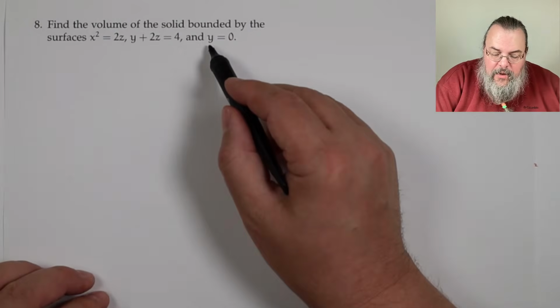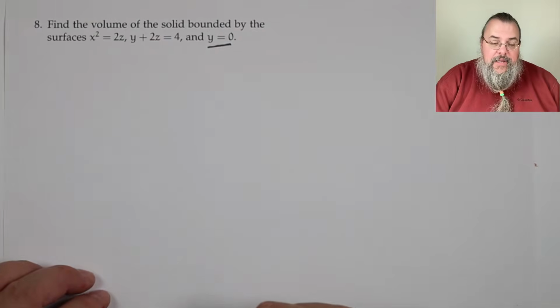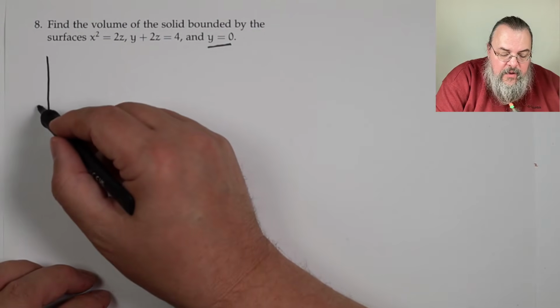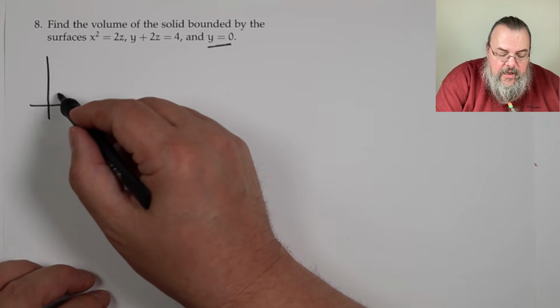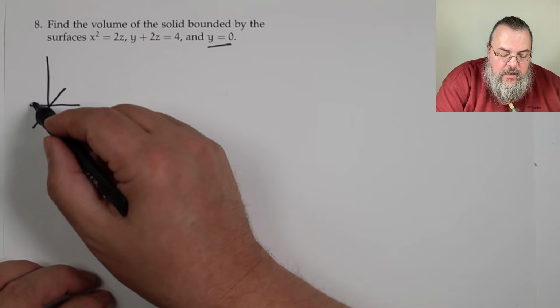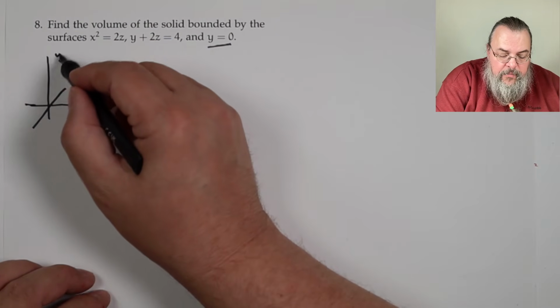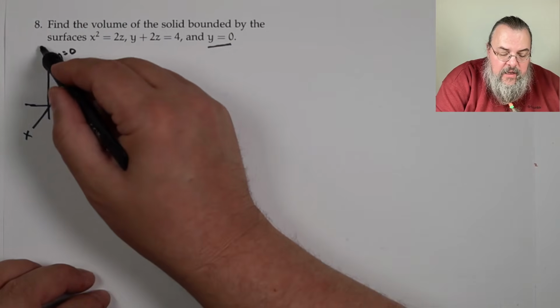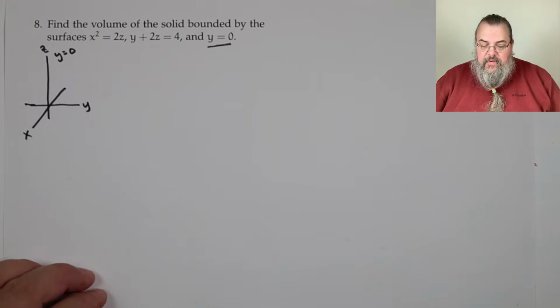Let's start there. Y equals 0. That one's probably the easiest one, and so we'll start easy. What does y equals 0 look like? Well, y equals 0 has another name, and that is the xz plane.